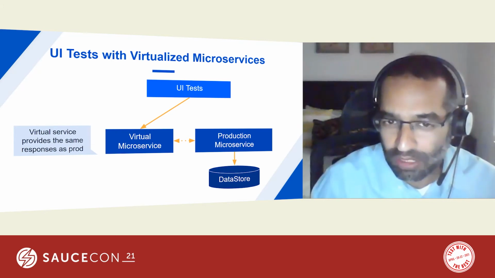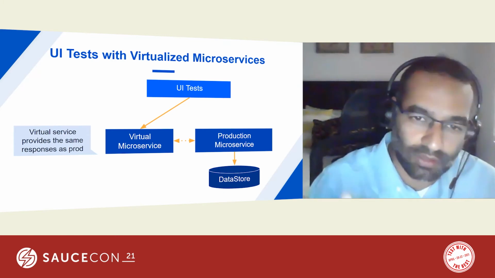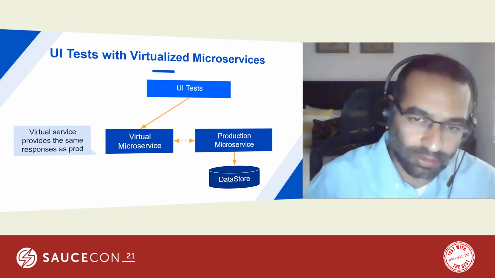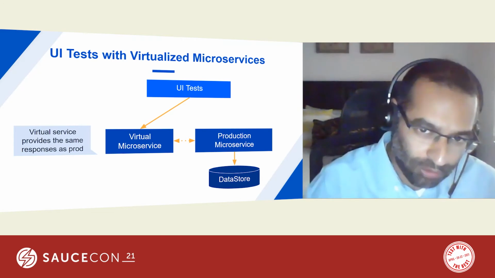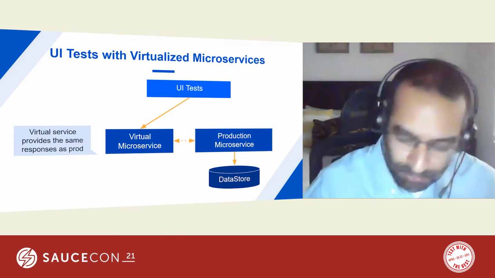So it's an exact mirror. Your UI test cases are directed to the virtual service instead of the production API, so you get the same responses for your tests from the virtual service instead of the production API.